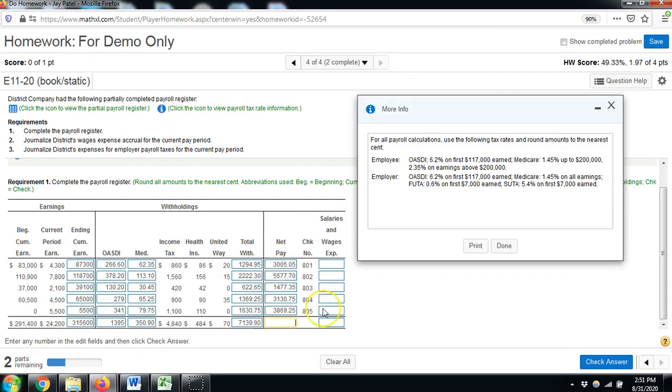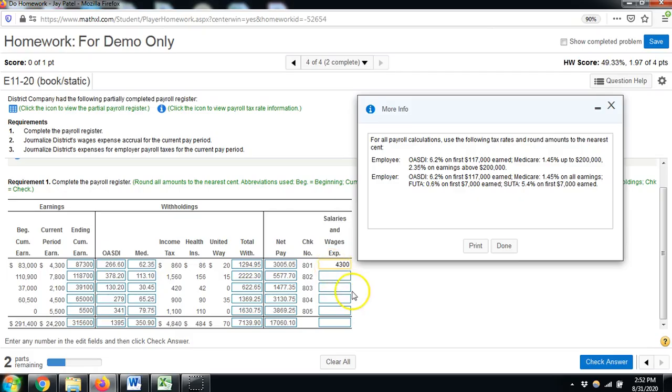Then I'll add up this column. And so this last column, salaries and wages expense, it's basically the same as this current period earning.